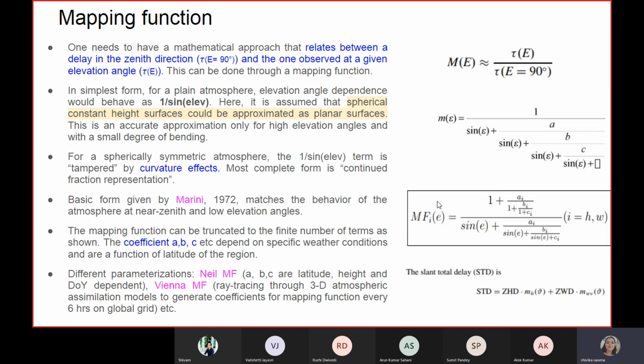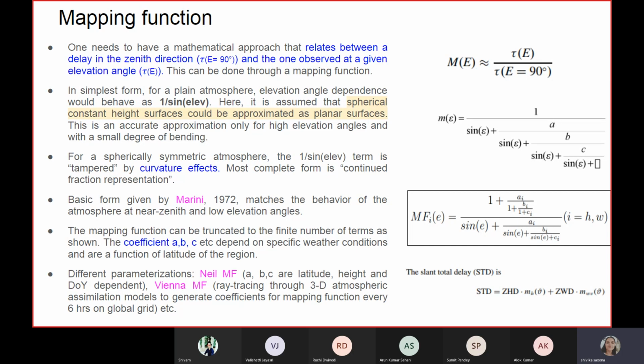There are two popular examples of mapping functions shared here. One is the Niell mapping function, another is the Vienna mapping function. The Niell mapping function is a little bit fixed.